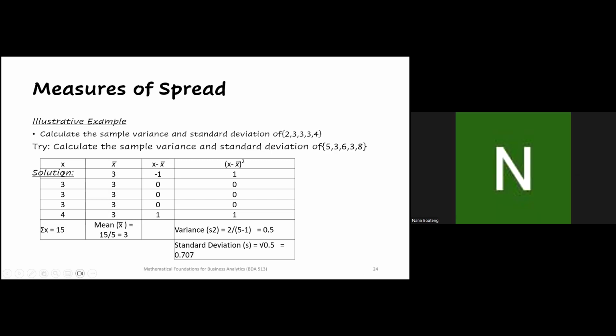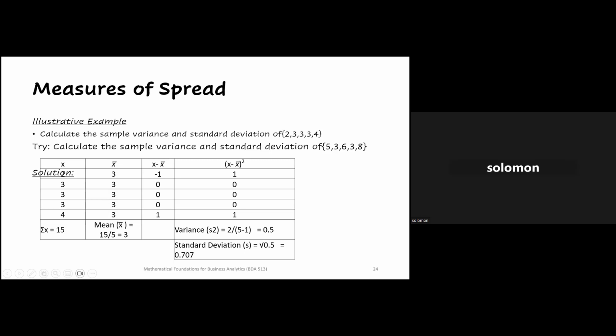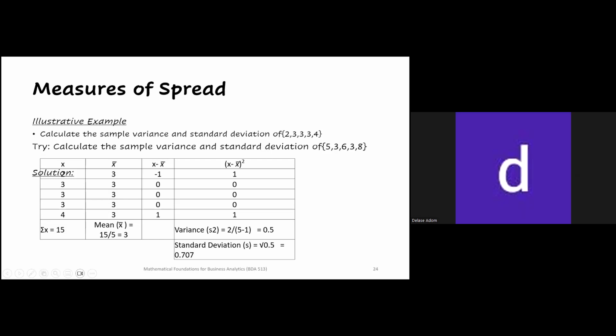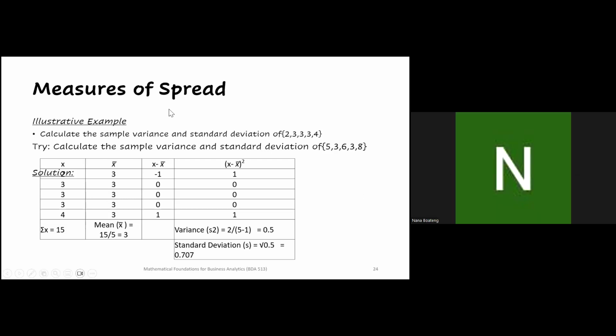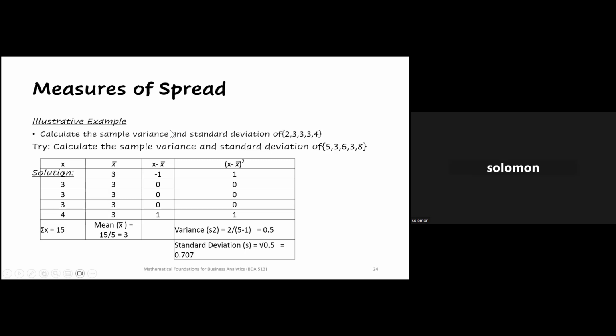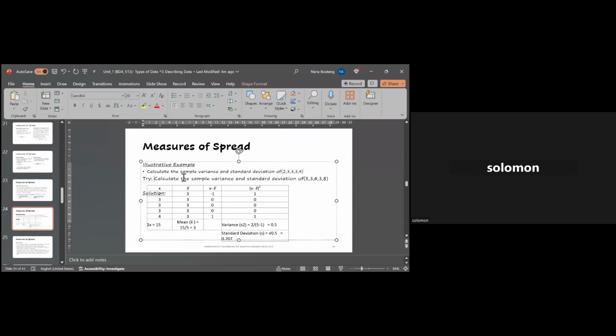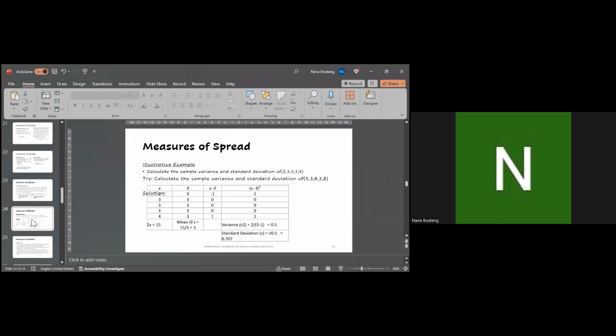Yeah, anybody done? Variance is 4.5. Okay, just a minute. Let me just create something here.